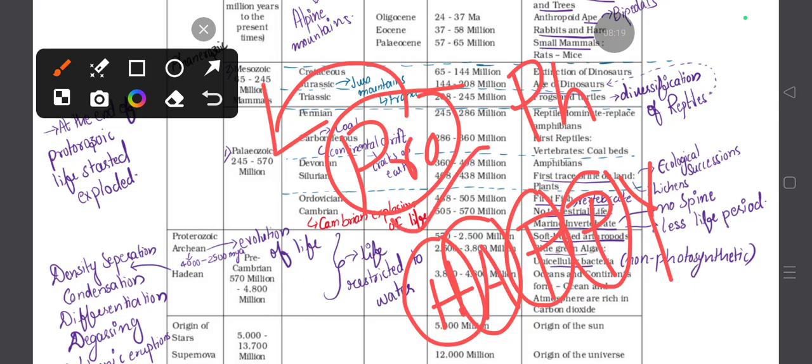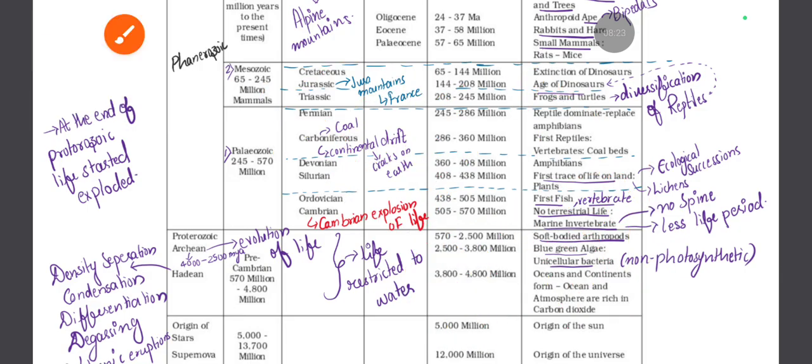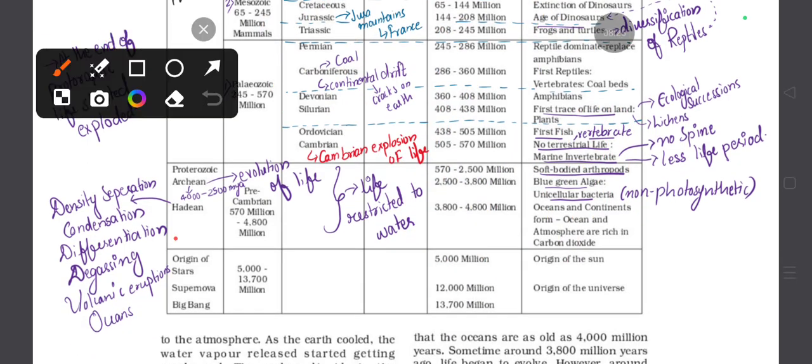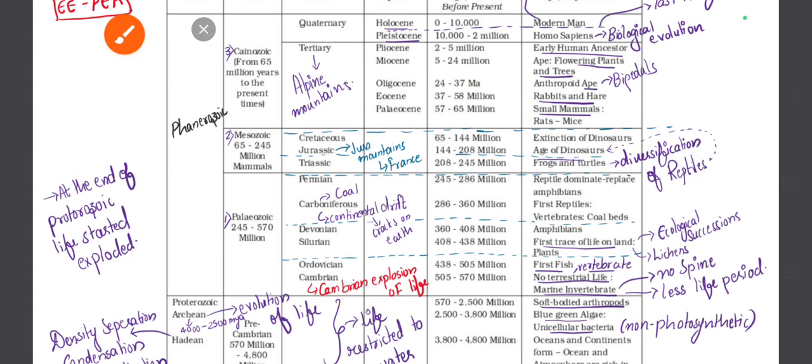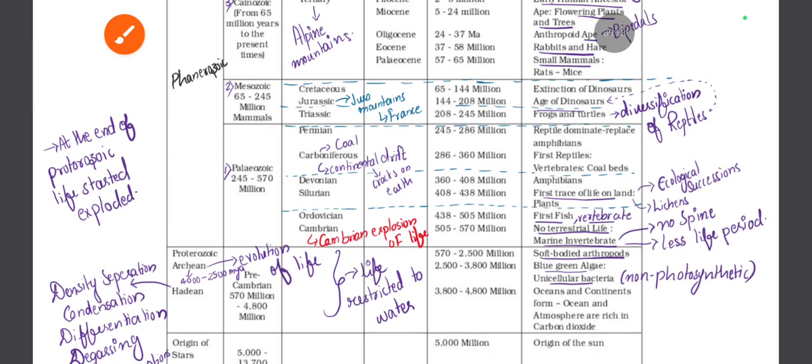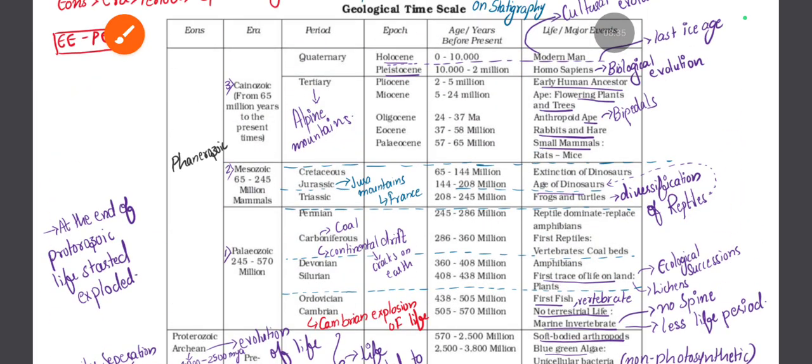That is the reason Proterozoic comes earlier and then comes the Phanerozoic. So the initial one is Hadean, then the later one is Archean, Proterozoic is the later one, and the last one is Phanerozoic. This is the eon which we are living in. So we are living in the Phanerozoic eon.